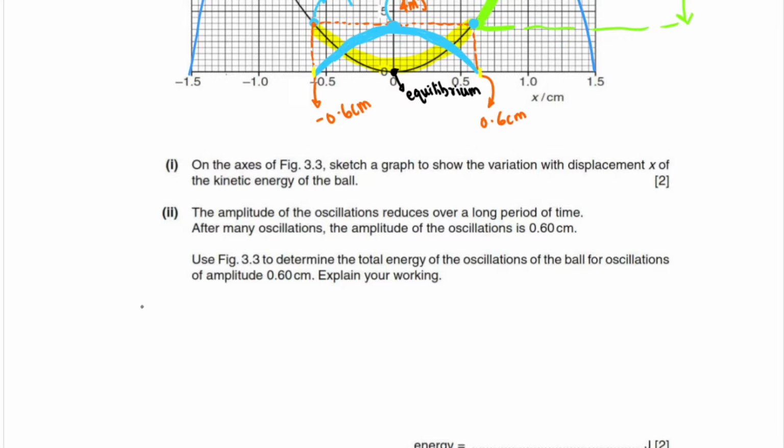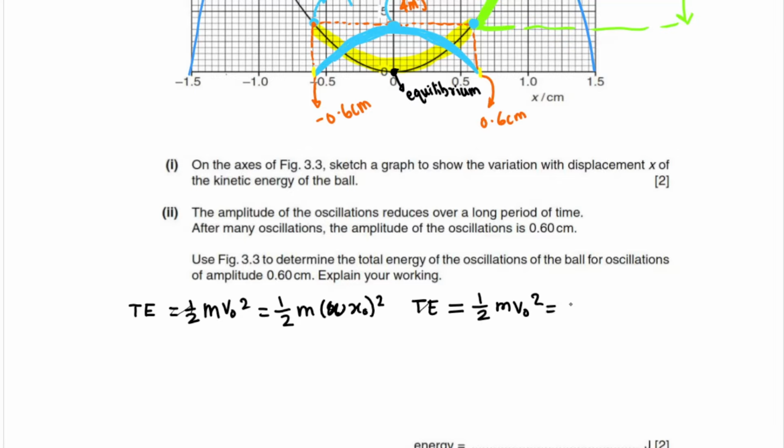So in method 1, let's start by writing down the formula for total energy of an oscillating object, which will be half m v naught square. It also equals half m omega x naught whole square. And we know that the total energy of an oscillating object is equal to its maximum kinetic energy, EK.